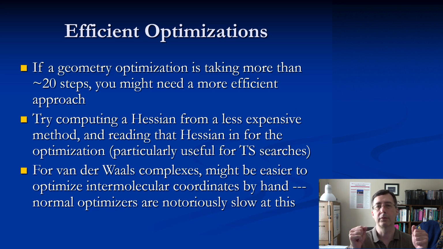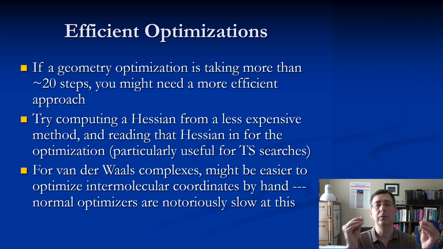If I have van der Waals complexes like methane dimer, then the potential surface tends to be very flat, and optimizing those systems is very difficult because it's hard to know how far to step because the surface is so darn flat. There it might be easier if you just optimize certain coordinates by hand, like the distance between the centers of mass of your two molecules, for example.